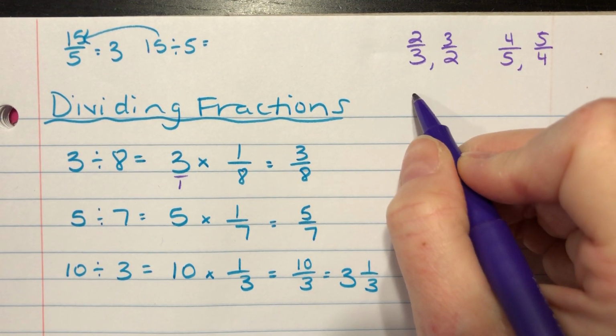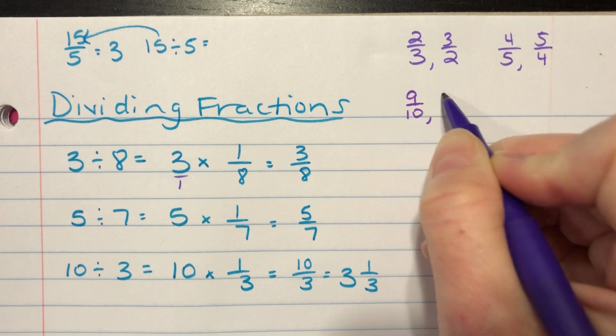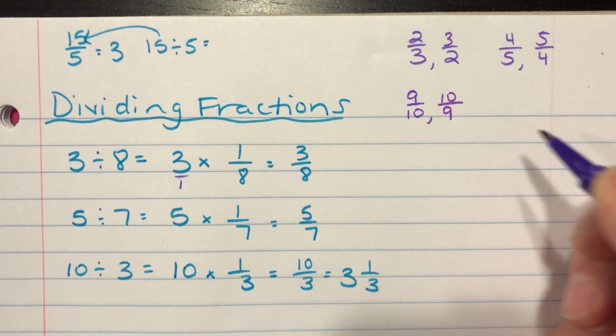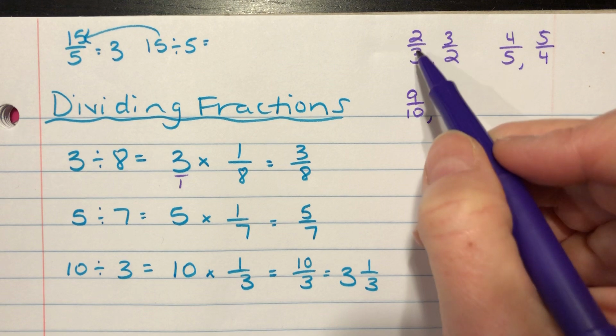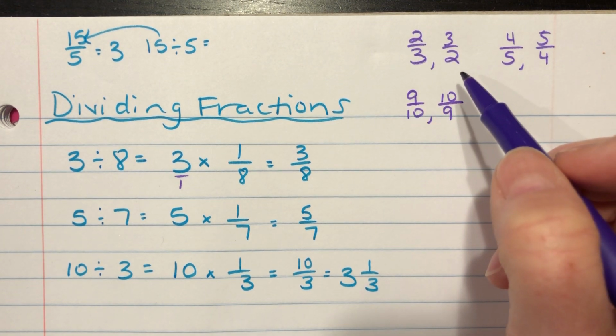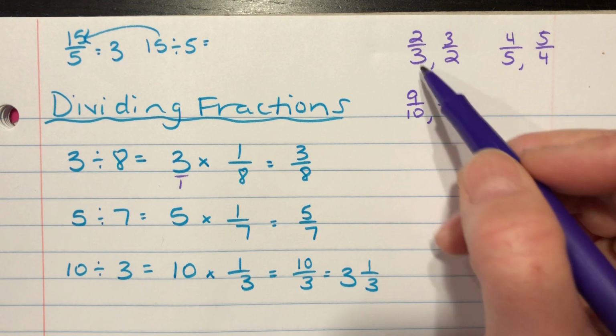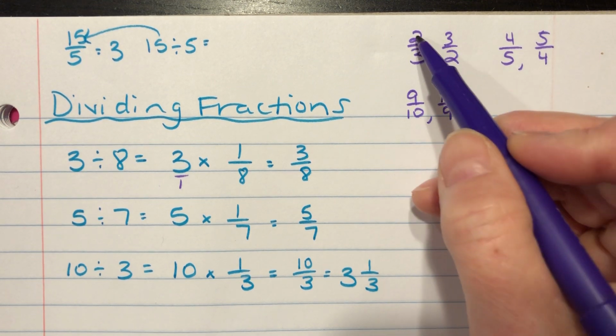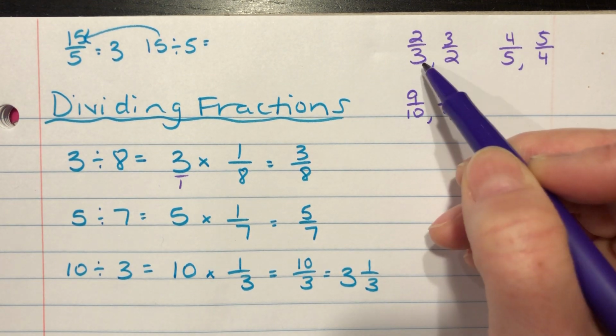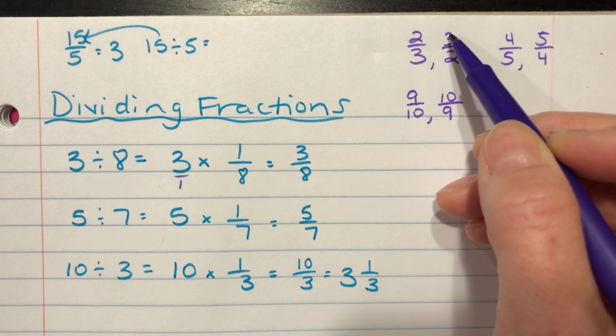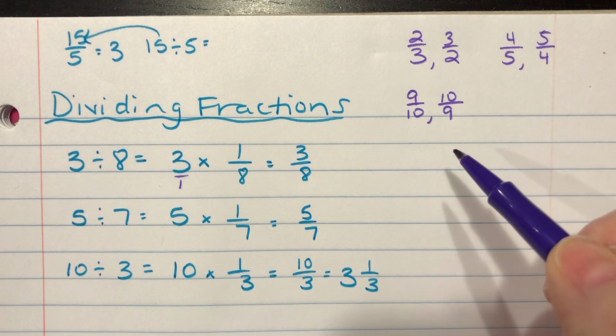The reciprocal of 9/10 would be 10/9. If we had to define what a reciprocal is, we could say it's basically the original fraction switched around. The numerator becomes the denominator, and the denominator becomes the numerator. It's like you're flipping it around.